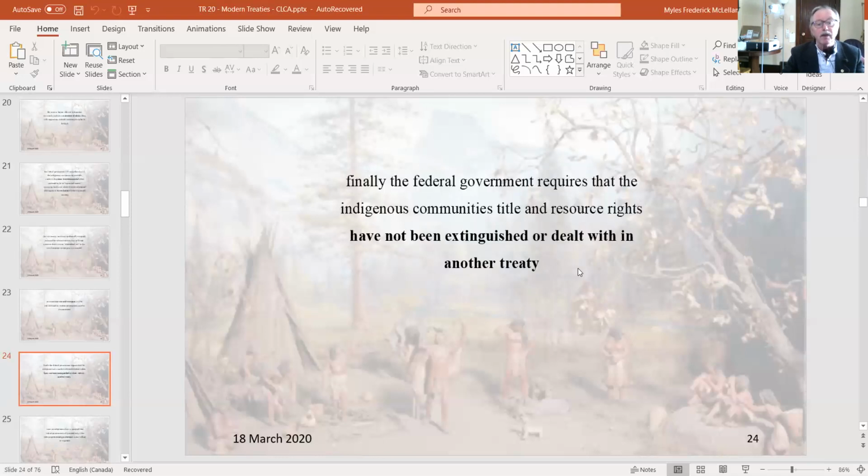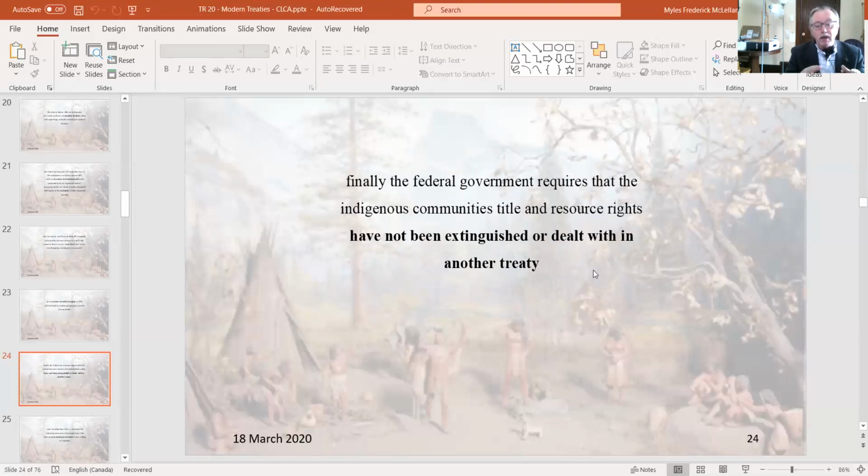The federal government always requires as well, and again, this is relative to the Section 35 protection of a modern treaty, that Indigenous title and those rights have not been extinguished, right? And or have not been dealt with in another treaty. So modern treaties only deal with lands and territories that are basically untouched by the treaty process.